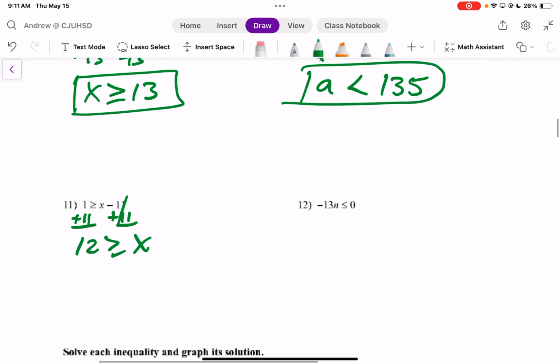Okay, but here's the problem. On the multiple choice, it will always put the x on the left. So you're going to have to switch this around. And remember, this is easy. When you switch sides, whatever direction the arrow was pointing toward, like it's pointing toward the x, when you switch it around, it still points to the x. So this has to go the other way like that.